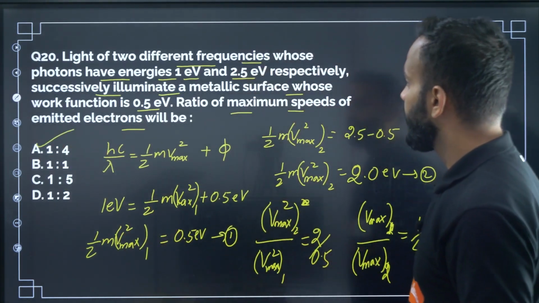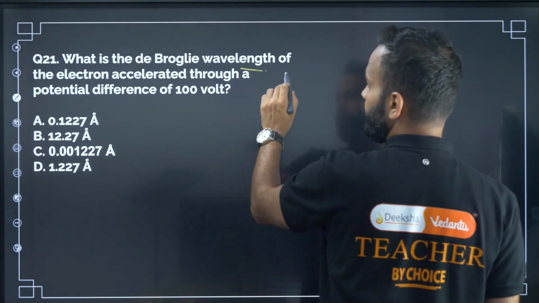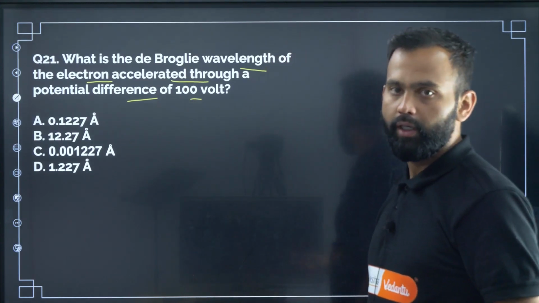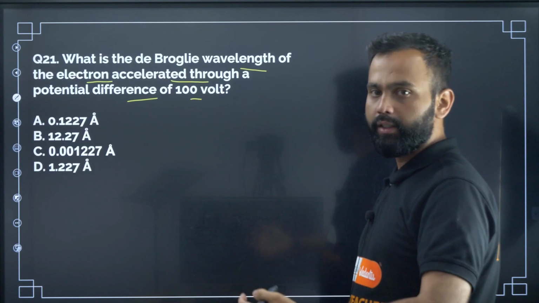Next question. Question number 21. What is the de Broglie wavelength of the electron accelerated through a potential difference of 100 volt? We solved the same type of question, right? These kinds of questions are continuously repeated.